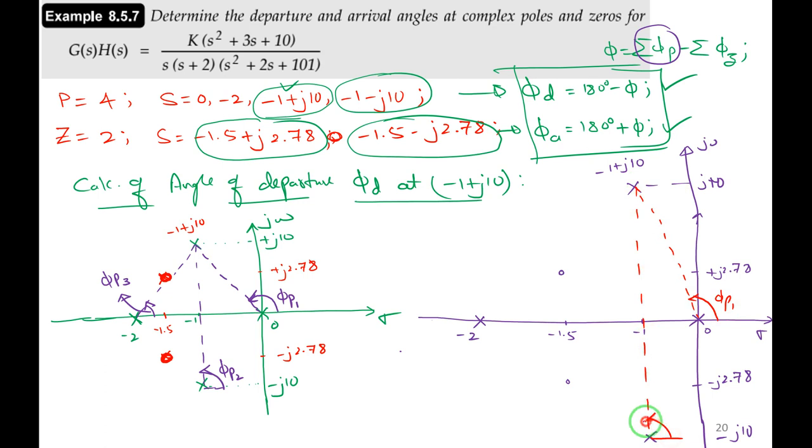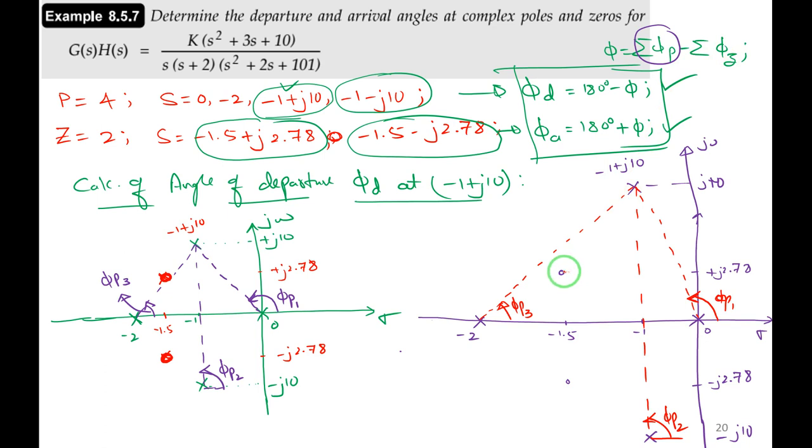This angle is phi P2. Then the third pole is here. So this angle is phi P3. Using trigonometric and geometric rules, we will find out phi P1, phi P2, phi P3. Then next, angles subtended by zeros.